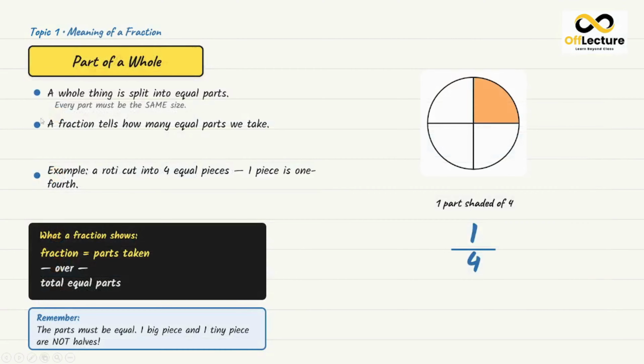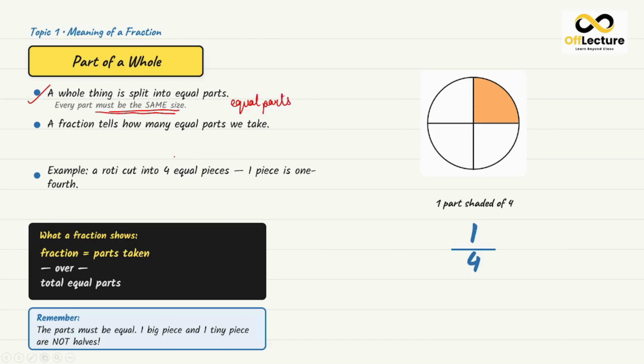So let's start with the first topic within the meaning of fraction, which is part of a whole. First thing, when we break a whole thing into equal parts, each part is a fraction. Okay? And remember, the parts must be of equal size or equal parts.